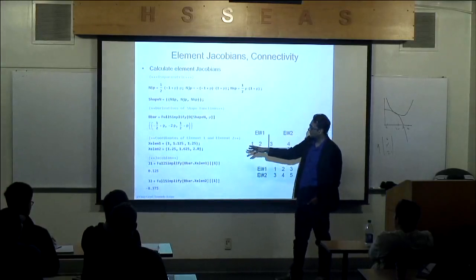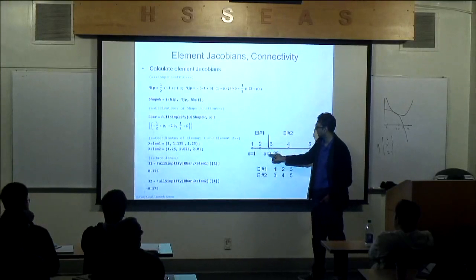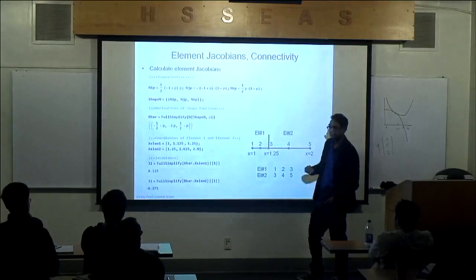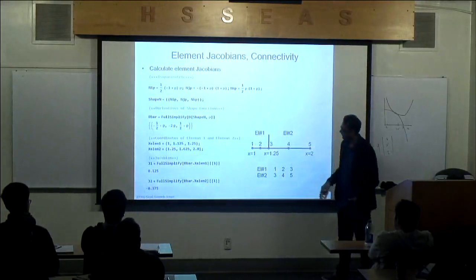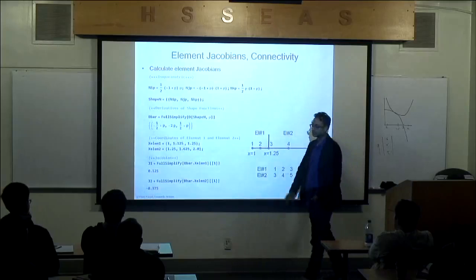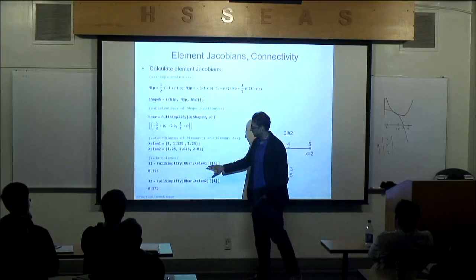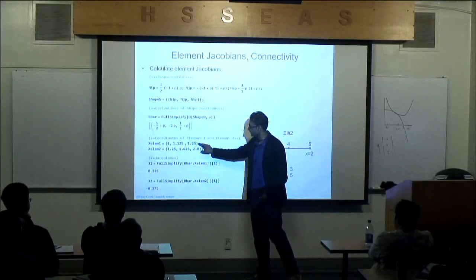The coordinates of the element. Element 1 has coordinates of 1, 1.125, and 1.25. X element 1. And X element 2 is 1.25, 1.625, and 2.0. Those are the coordinates. I just stored them there in a vector. So then the Jacobian, if you remember, is B bar times X element 1.